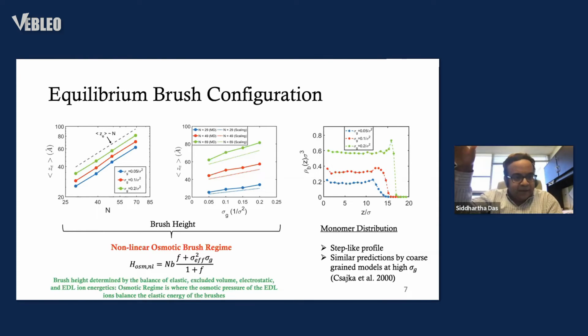So it's a step-like, kind of a 1 and 0 profile, which by the way has been reported by other studies, for example, by Zhulina et al. in 2000. So these two results make us happy that what we are doing has some kind of relevance, or our model is indeed validatable.